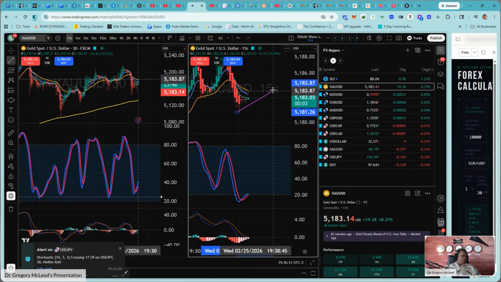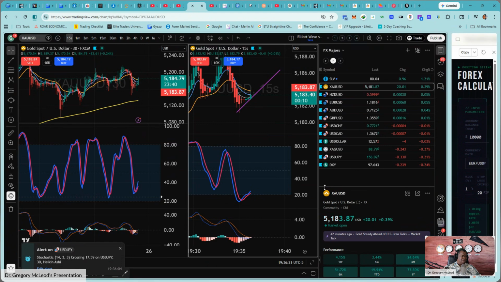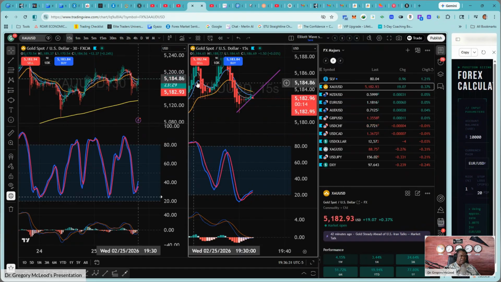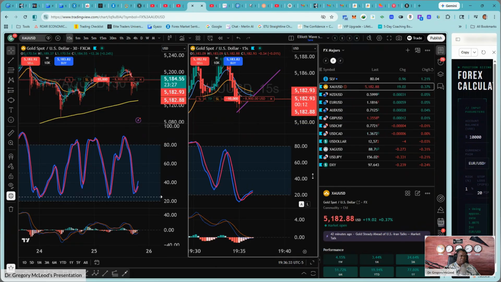I don't trade this. This is gold, huh? It's pushing back. Yeah, rejection there, red candle sell, trend line break.